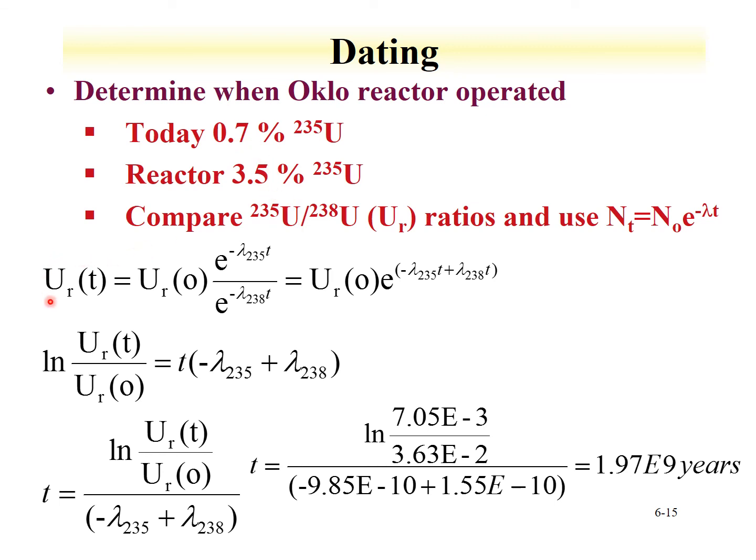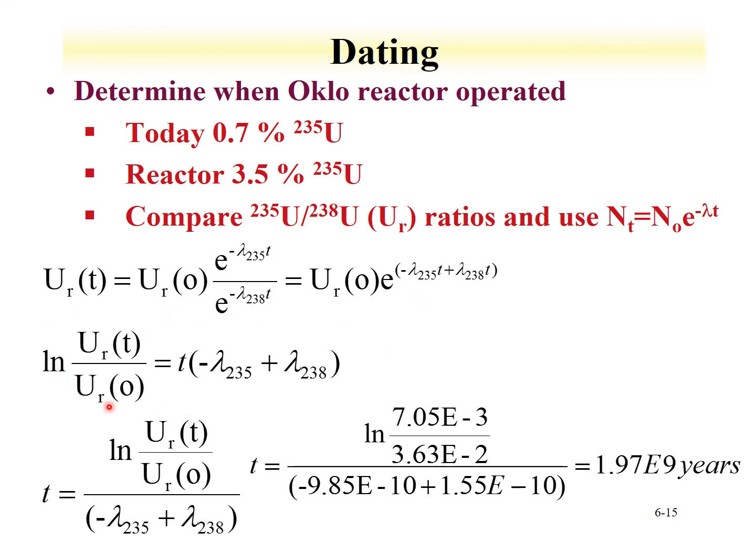So the ratio of uranium today is equal to this ratio initial times this ratio of the decay constants and half-lives. The equation just becomes here. Now let's rearrange this equation, solve for t. We're doing that here.